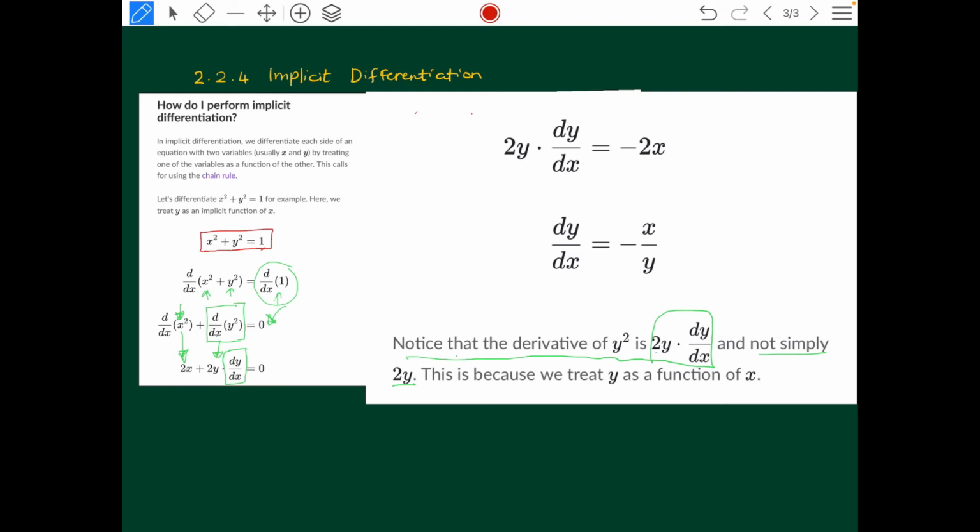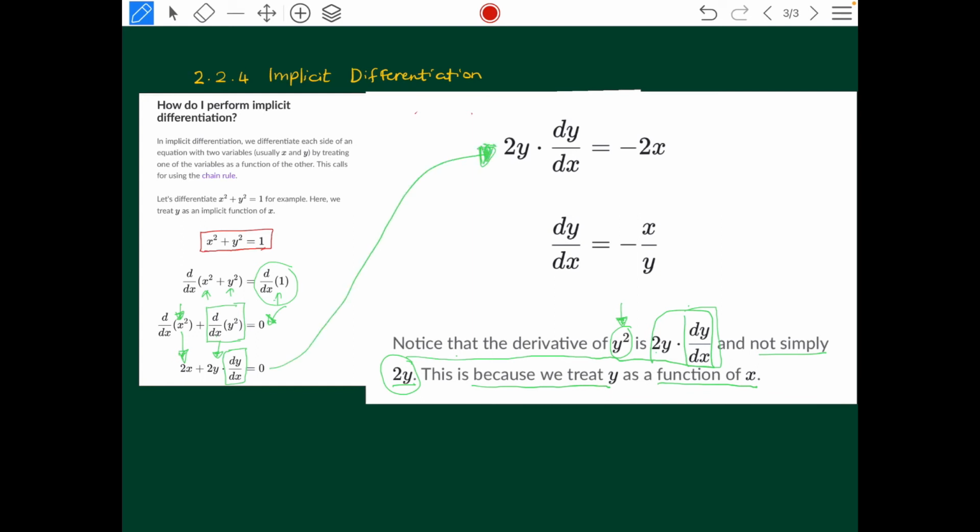Why? The reason is that we treat y as a function of x, so we can differentiate it as usual. So we get 2y, but then we need to multiply by dy over dx. This is a special case when you do implicit differentiation involving variable y. Now we go to the next step.